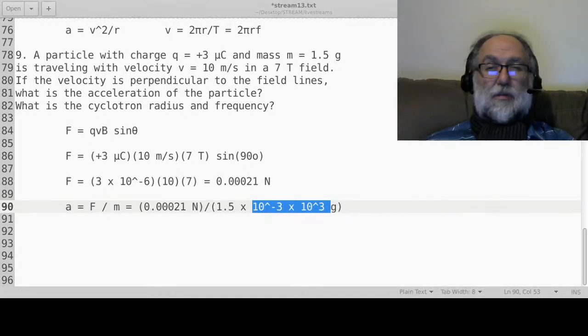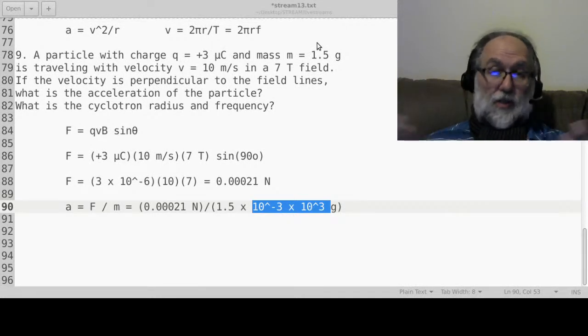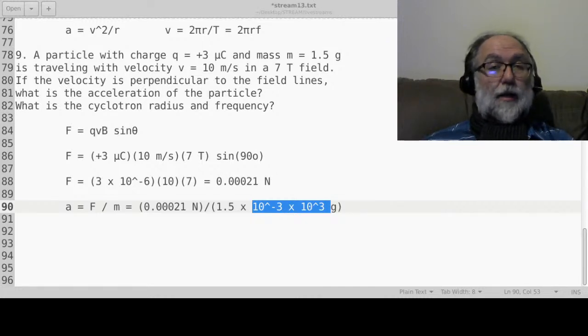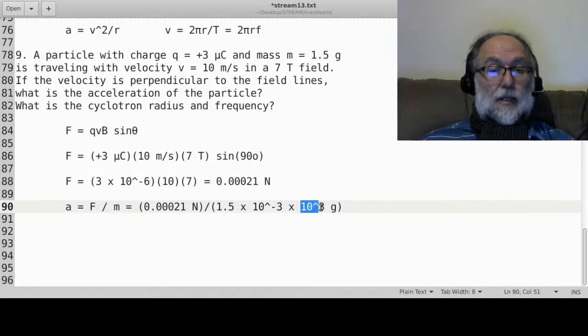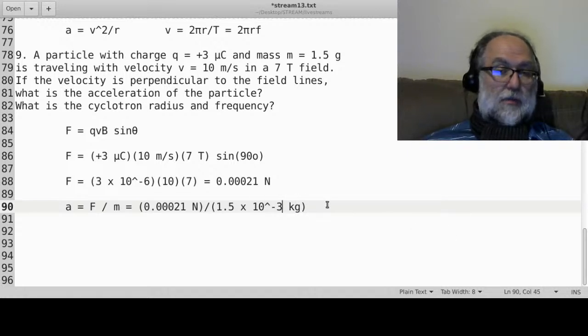Well, 10 to the minus 3 times 10 to the positive 3, you add the exponents and get 0, and 10 to the 0 is 1. So basically I didn't change anything. It's like multiplying by 1. But the 10 to the 3 part, that's the kilo part. So basically what I have here is how you convert this to kilograms. Another way to say it is just move the decimal to the right 3.